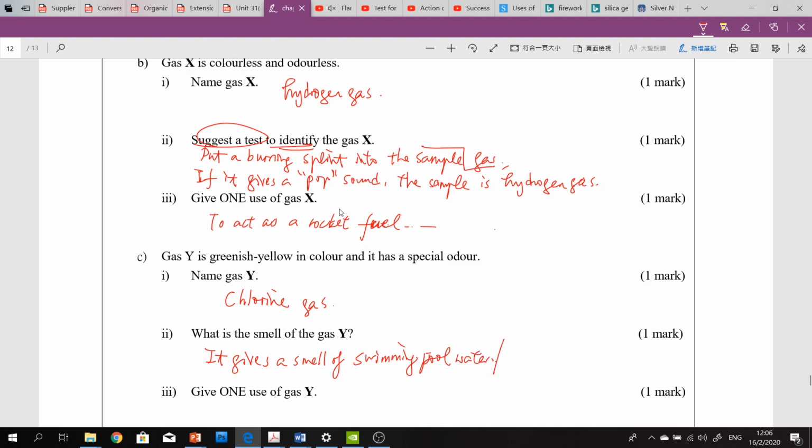But it's not so scientific, right? You may use the words pungent, choking smell. What does pungent mean? It means the nose will feel a very bad feeling, and choking means you cannot breathe, you cough very often. Pungent, choking smell.